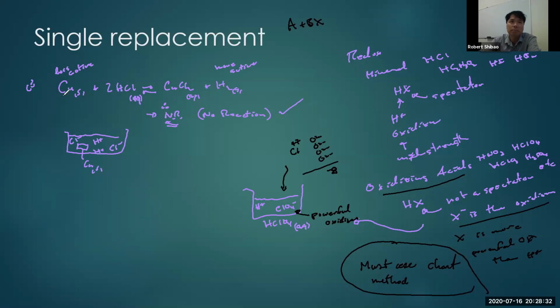All right, the next failure of the single replacement method is this. And so we'd have to memorize another pattern for this one. Another problem.